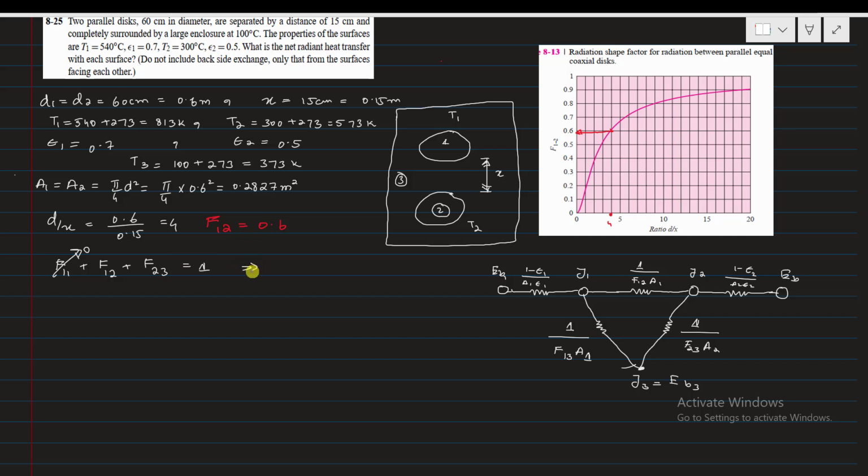So F13 will be equal to 1 minus 0.6, and that is 0.4. So the shape factor F12 with the help of the graph, and from the summation rule we get the shape factor F13, that is 0.4.